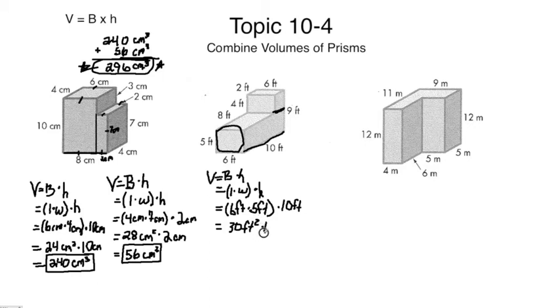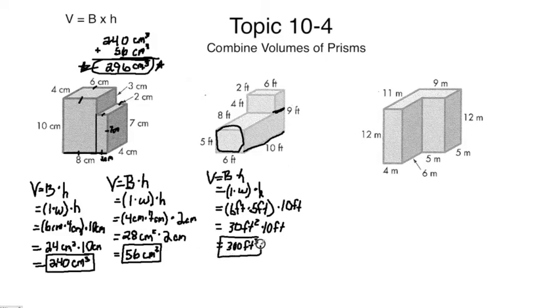Times it by 10 feet. 30 times 10 is 300, and a foot squared times a foot is a foot cubed.